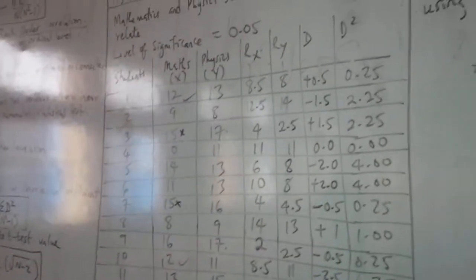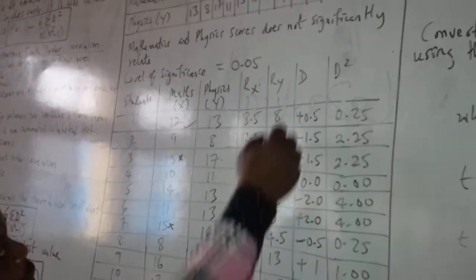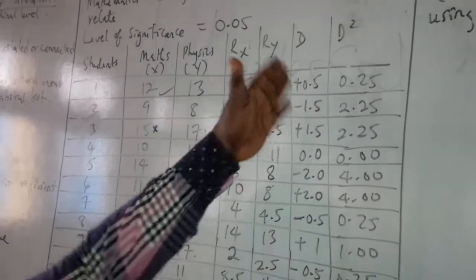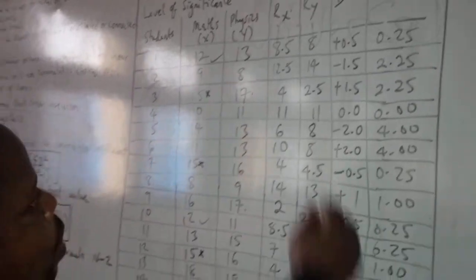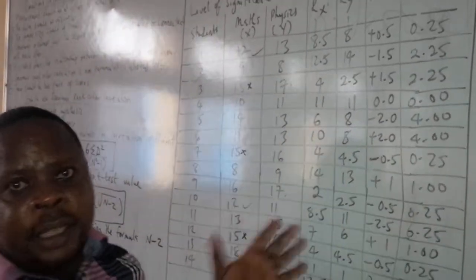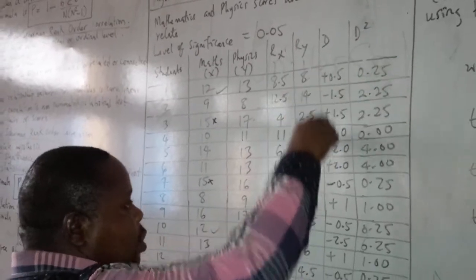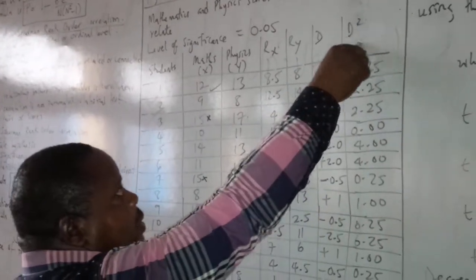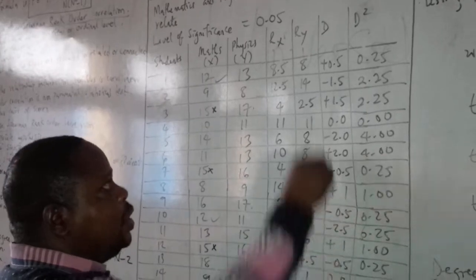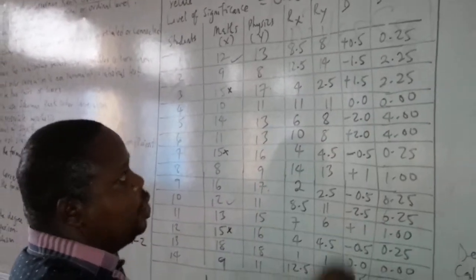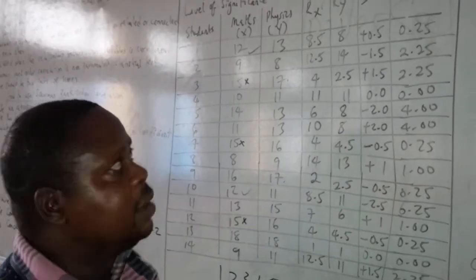Now you see that in this column, some of the scores are positive, some are negative. And so that's why we have this D squared. Any score you have here, you square it to eliminate these positive and negative signs.